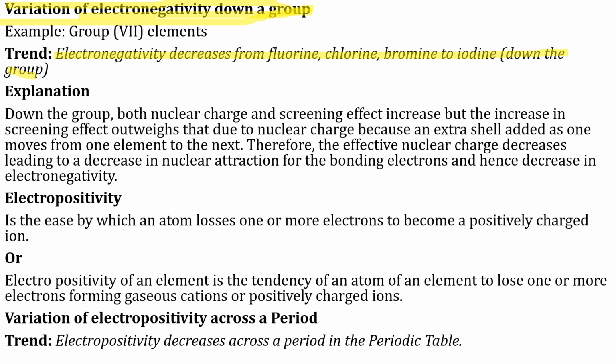The higher the effective nuclear charge, the higher the value of electronegativity. And the lower the effective nuclear charge, the lower the value of electronegativity. And here we told you when you're explaining electronegativity, we are always talking about bonding electrons. So make sure that you don't miss it out in your work.